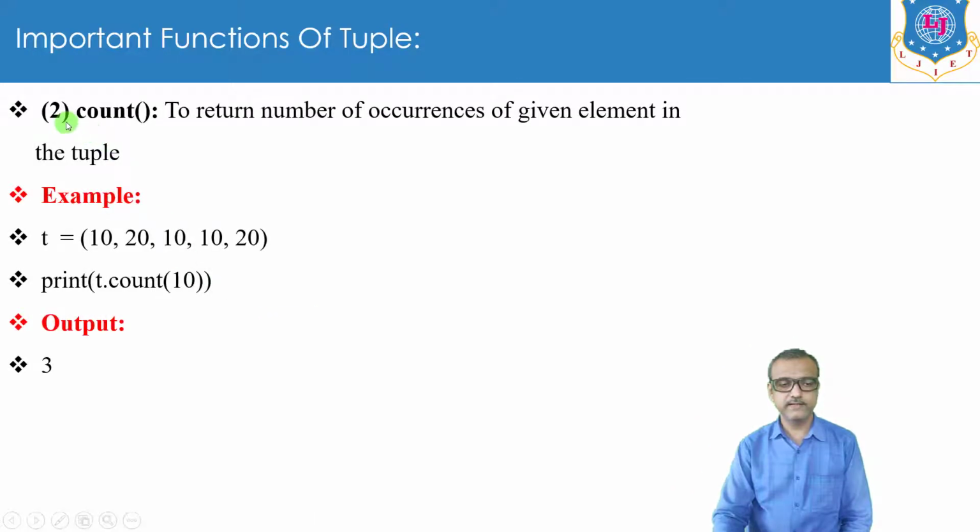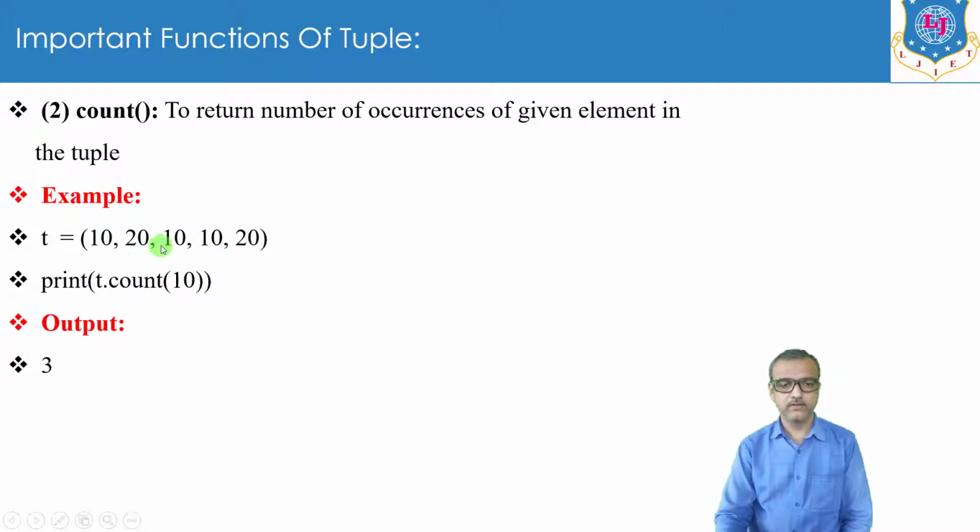Now we will see the next function, that is the count function. Now what will this count function do? It returns the number of occurrences of the given element in the tuple. For example, we have created one tuple T, and in this tuple we have these elements, that is 10, 20, 10, 10 and 20.